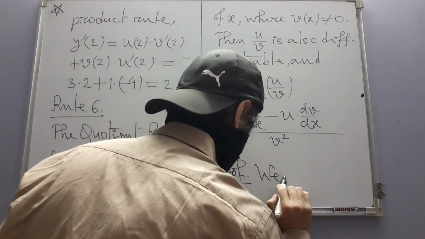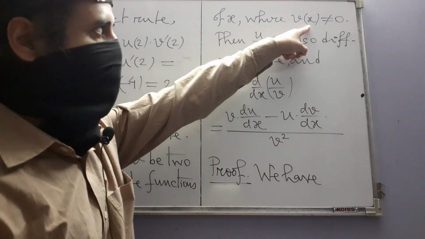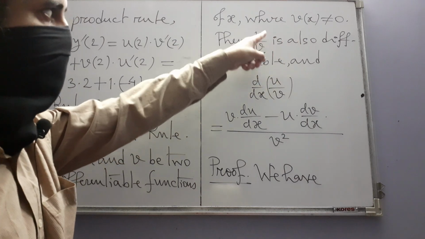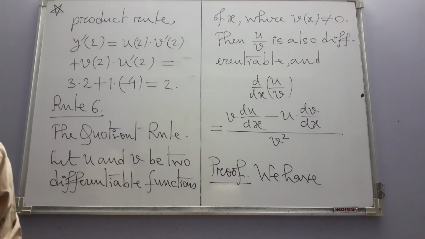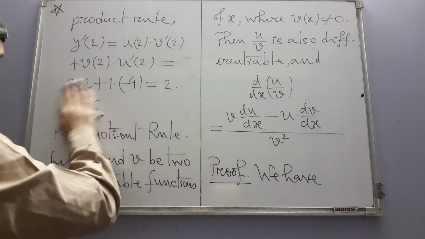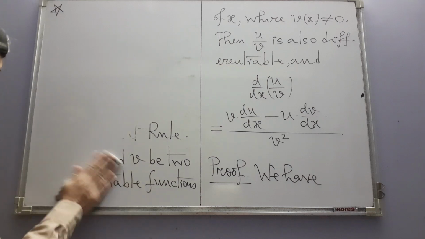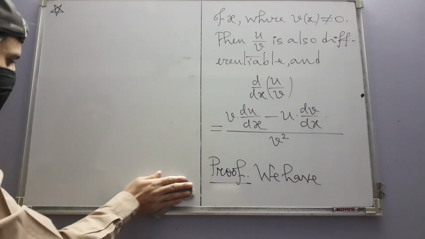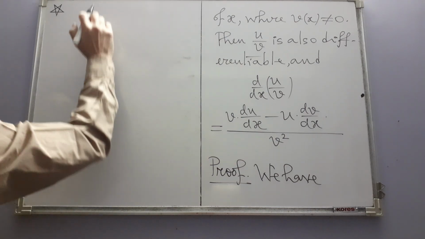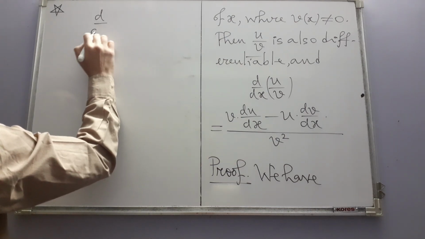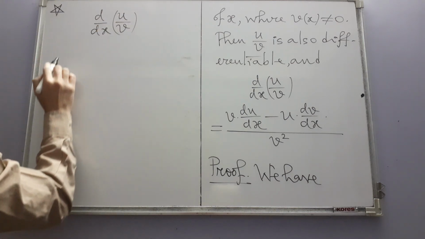We have, and you do of course understand the necessity of this, because otherwise the quotient will be meaningless. So we have d/dx of u divided by v.